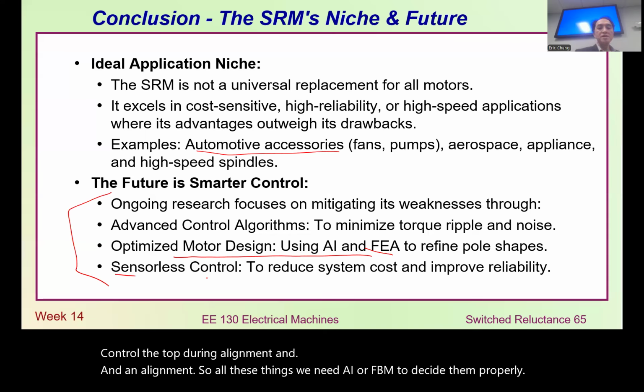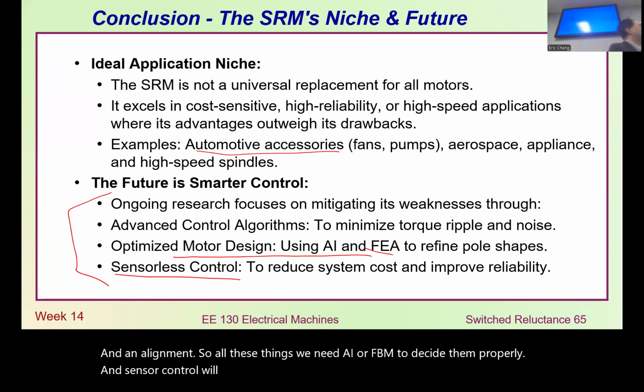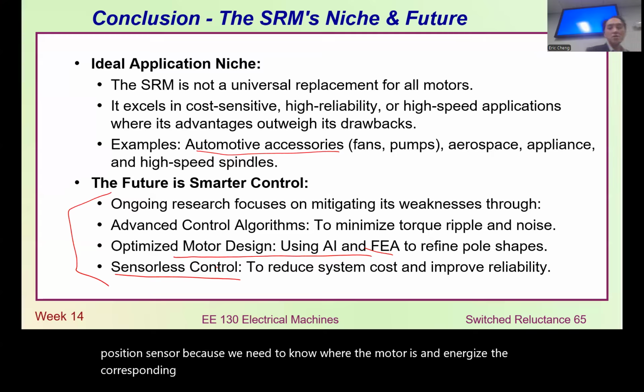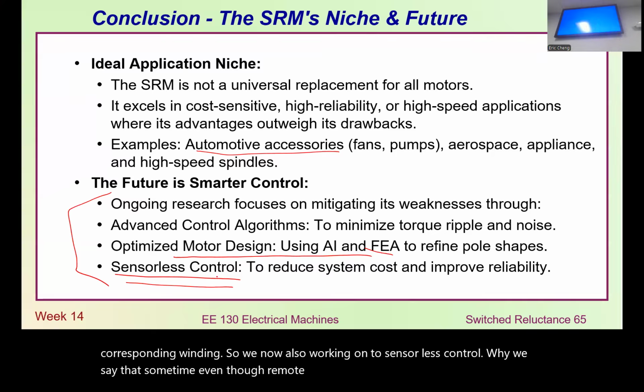And sensor control will be one of the issues in SRM. All SRMs do require a position sensor, because we need to know where the motor is and energize the corresponding winding. So we are now also working on sensorless control. Why do we say that? Even when we have a sensor, it may not be highly reliable.